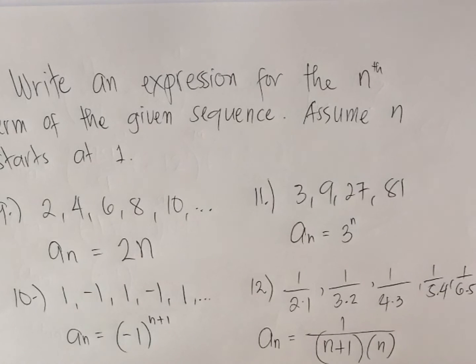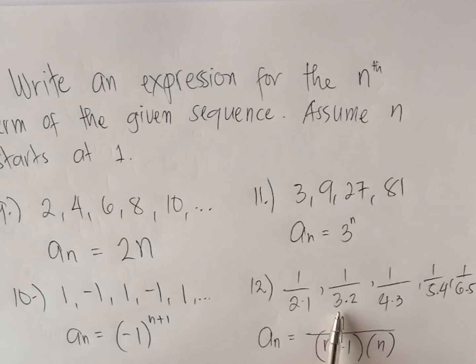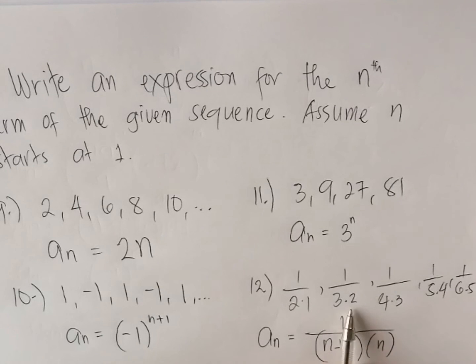If n is equal to 1, this is 1 plus 1, 2 times 1. If n is 2, that is 2 plus 1, so we have 3, then 2. If n is 3, 3 plus 1 is 4, then 3. So that's all.